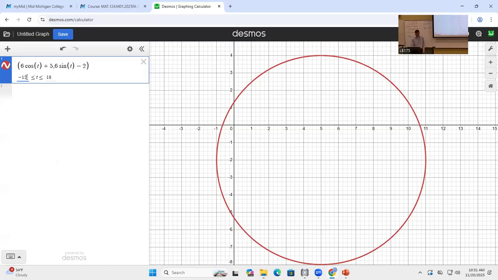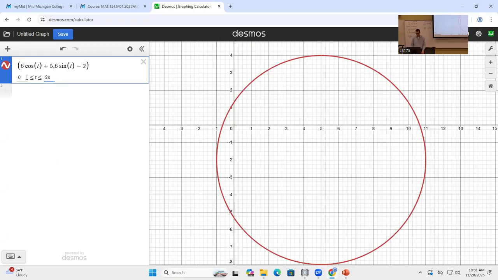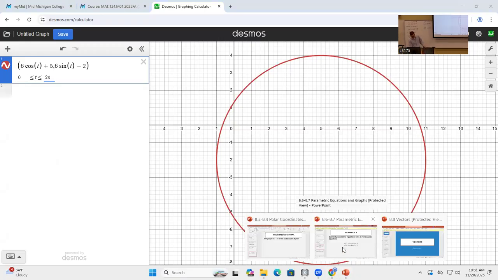And if I wanted to just do one loop, I could go from 0 to 2 pi with my t and have one loop. If I went from 0 to pi, I just get the top half of the circle. That makes sense. So that's why it is the way it is.